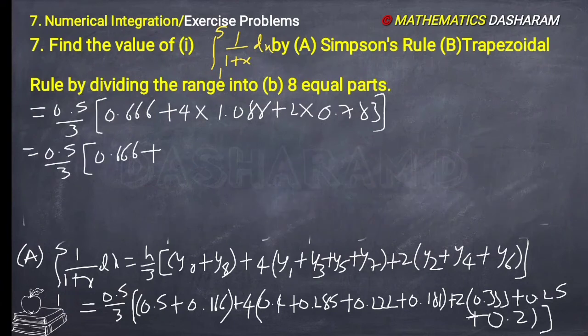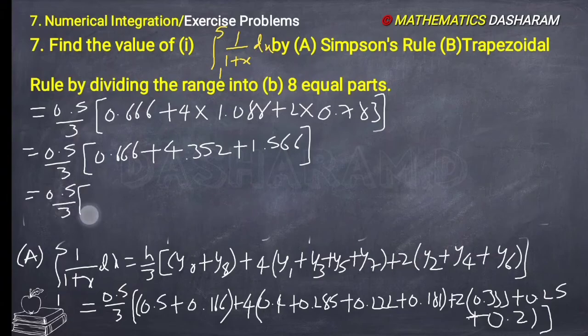Next, 4 into 1.088 is 4.352 plus 2 into 0.783 is 1.566. So it is equal to 0.5 divided by 3.